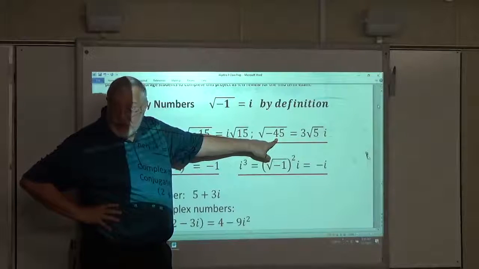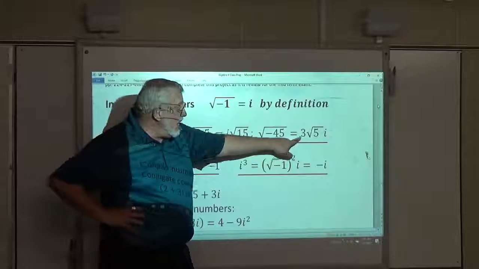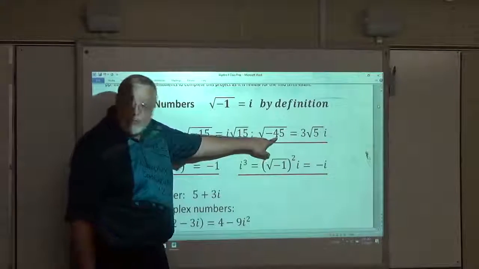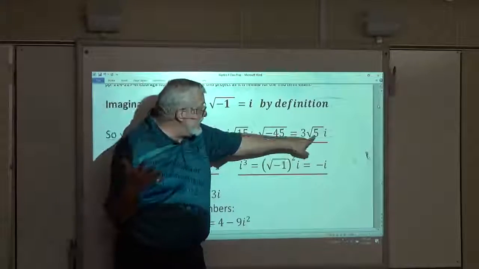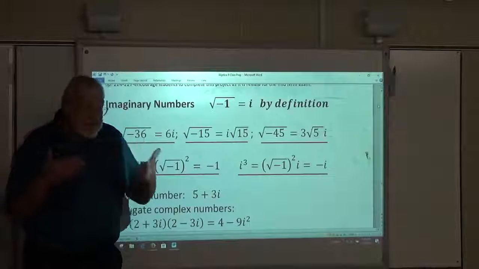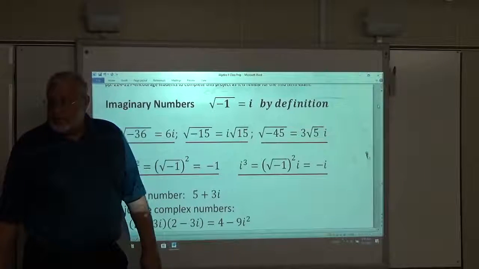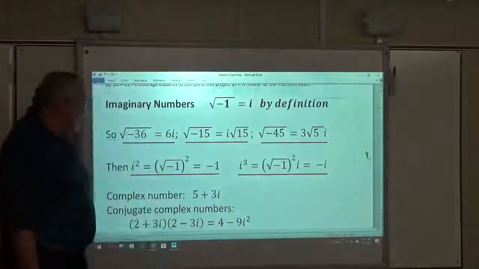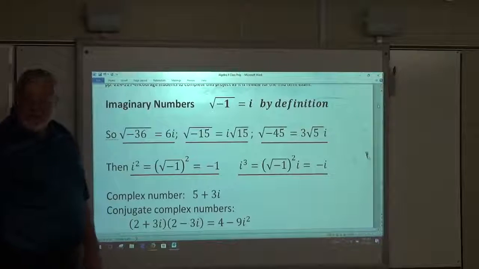It's 9. What's the square root of 9? 3. And what's left? 9 times what is 45? 5. And so the 5 still stays under the square root. All right, that's simplifying the square root. In this case, simplifying an imaginary square root.